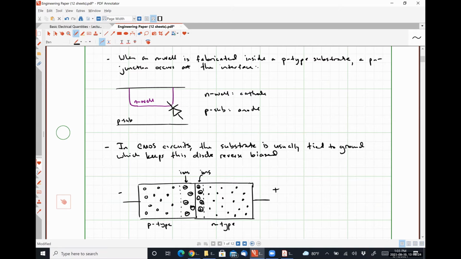So that means those holes are going to move over, and that's going to make the bound negative charge get larger, right? As holes move away from this interface and start heading this way, more and more bound negative ions are going to get uncovered as that positive charge leaves that region. The exact same thing, but opposite, is going to occur on the right-hand side, right?